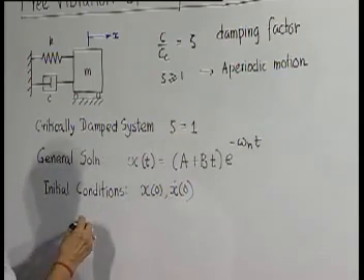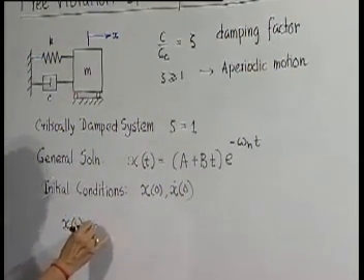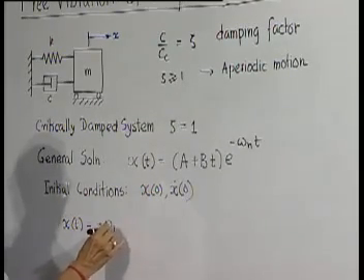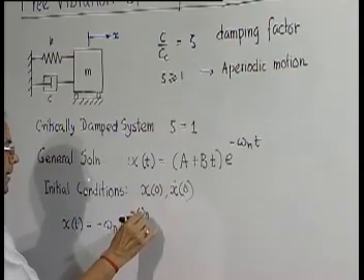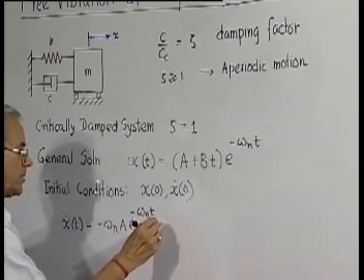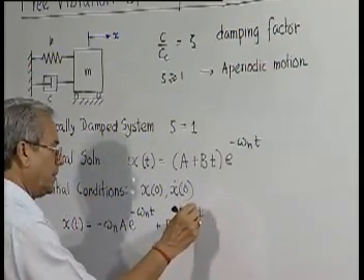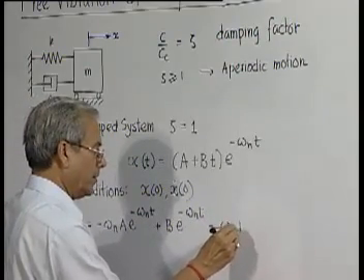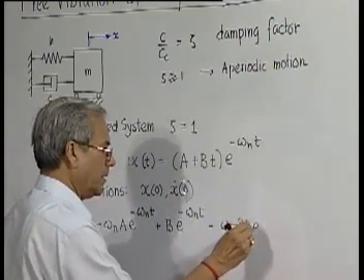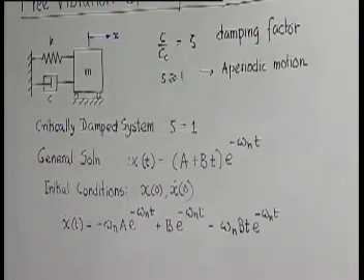So simply here we can write that x dot t is equal to minus omega n a e to the power minus omega n t plus b e to the power omega n t minus omega n b t, by differentiating this quantity with respect to time once.